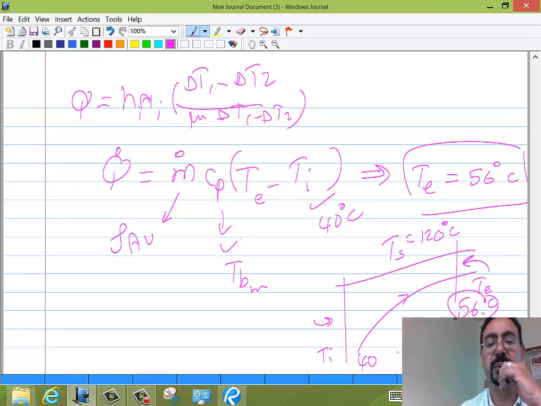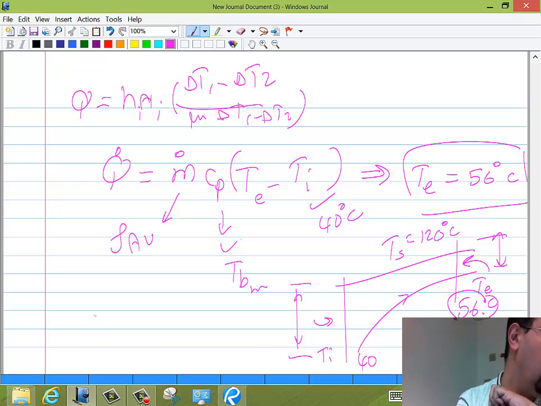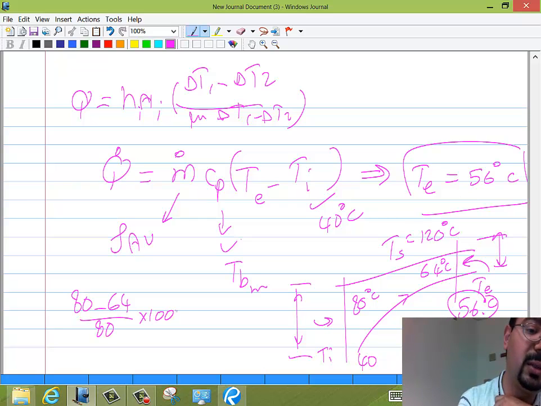So you will have to use this logarithmic mean temperature difference if the difference between delta T1 and delta T2 is more than 40%. Basically, this difference here is 80 degrees, and this would be 64. So the difference between them is 80 minus 64 over 80 times 100%.